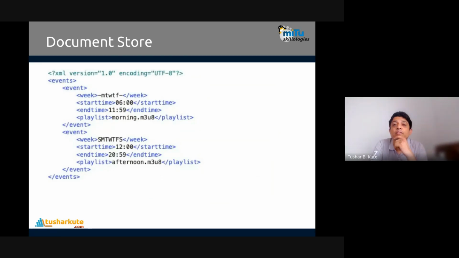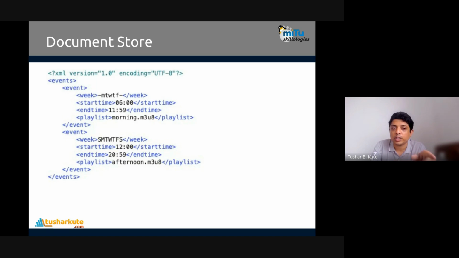This is the XML file format. See, XML. I hope you may have heard about this. XML is a markup language format. It's just like HTML. HTML itself is created from XML. Event, top root entity. Under it again event is there. Another small event. First event MTWTF week. Second event contains SMTWTFS.